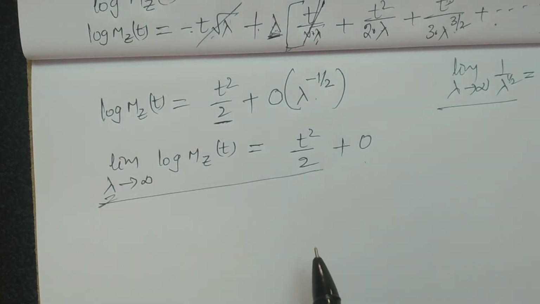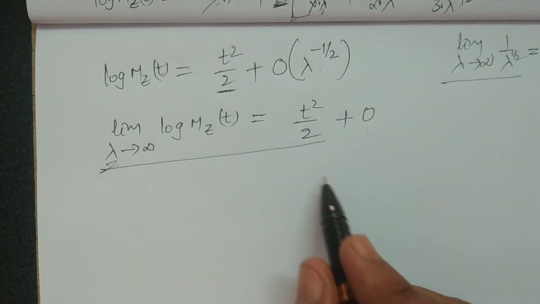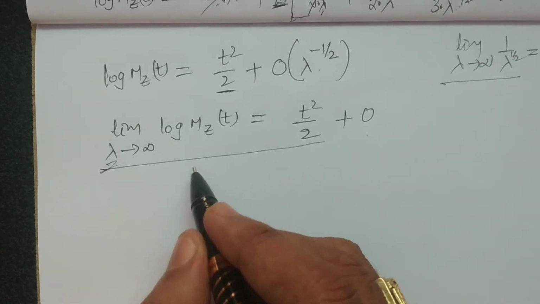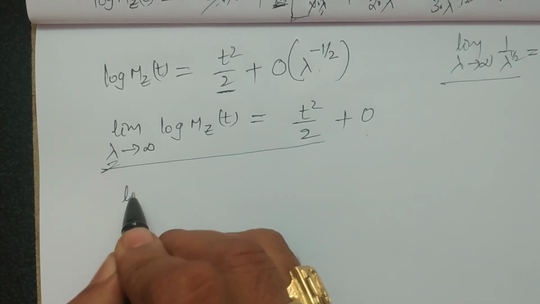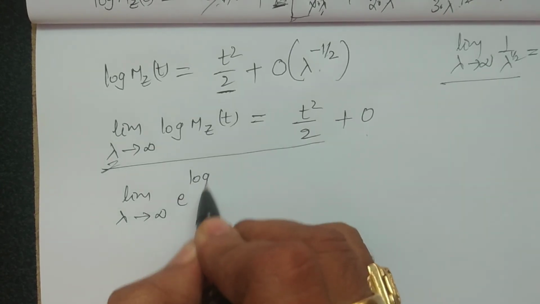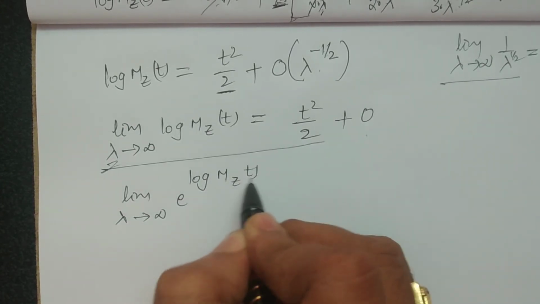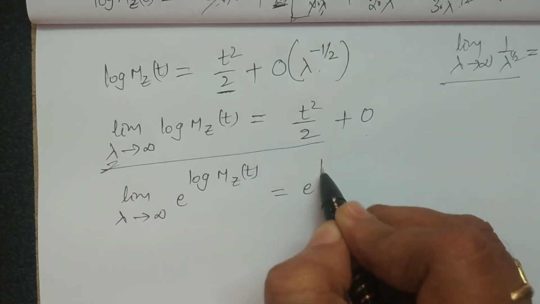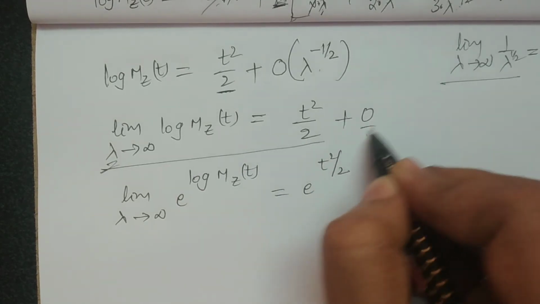And now, to put it in a particular format, consider exponential on both sides: limit lambda tends to infinity of e power log M_Z(t) is equal to e power t square by 2. This is 0.